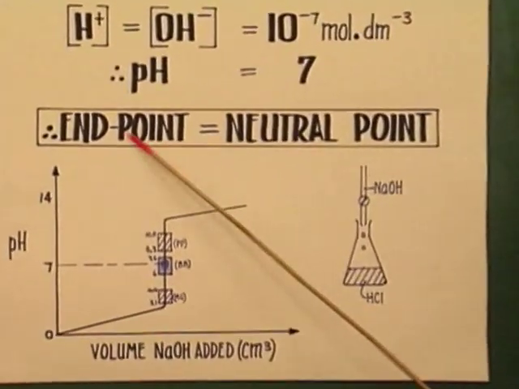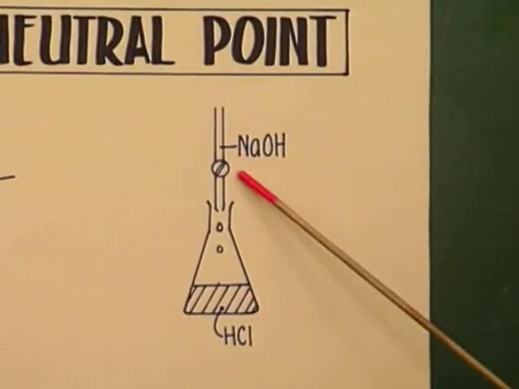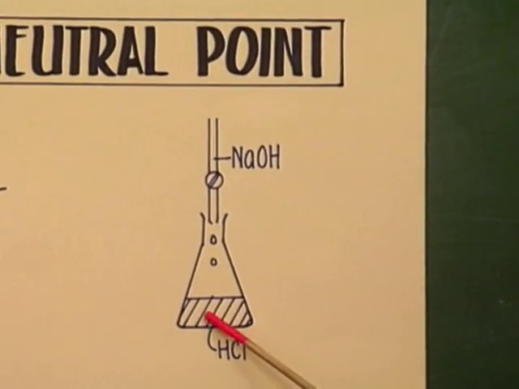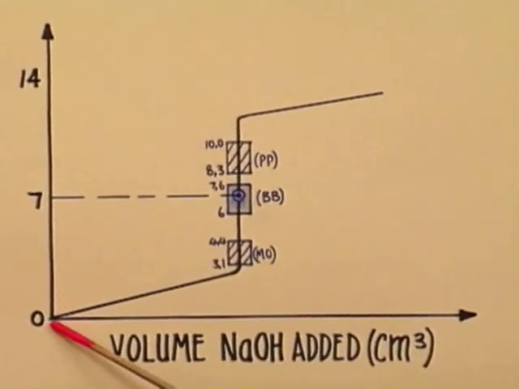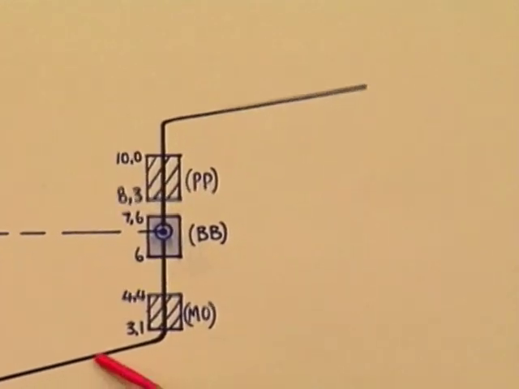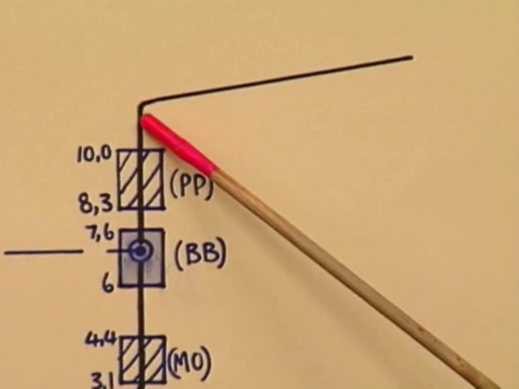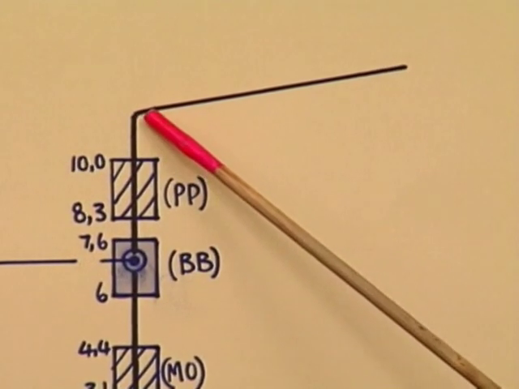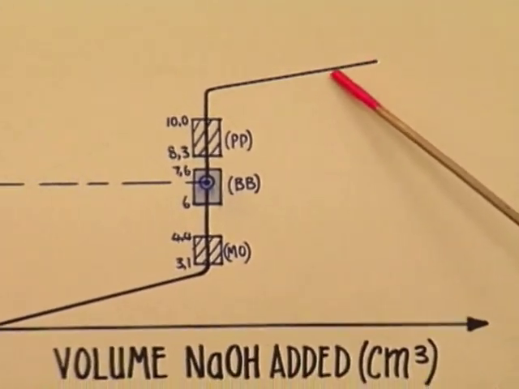This is the titration curve for the titration of a strong alkali like sodium hydroxide against a strong acid like hydrochloric acid. We see here that the pH rises very slowly in the beginning as we add sodium hydroxide. But at the end point, the pH rises very steeply through several pH units. And then again, after neutralizing the acid, the pH only rises very slowly again.